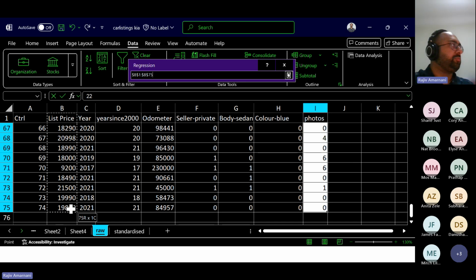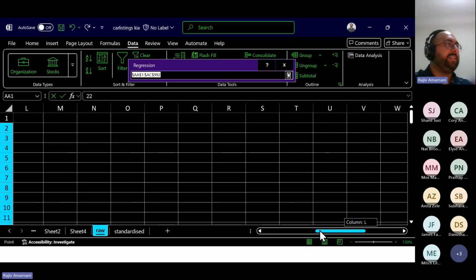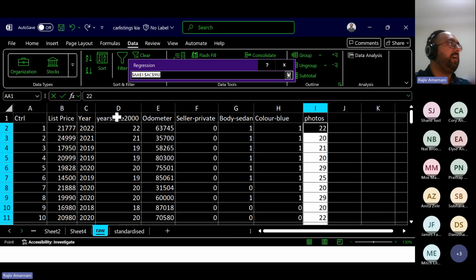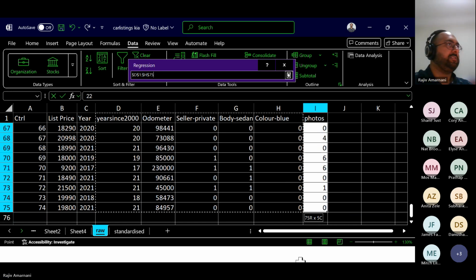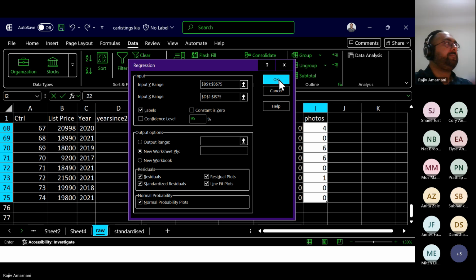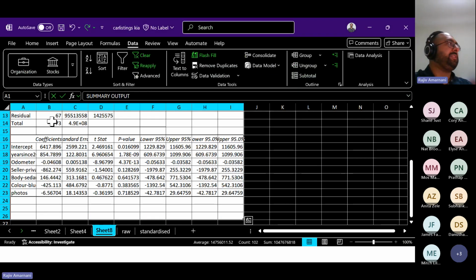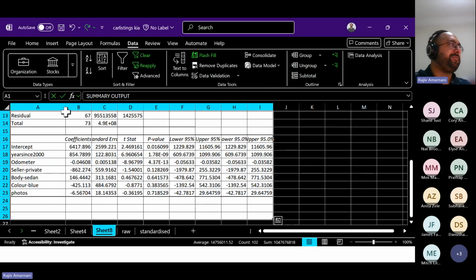Our outcome here is list price. Our predictors in the X range are all of these. Let's not tick any of these boxes. Keep it simple. Okay, we have our regression output again, exactly the same as before.